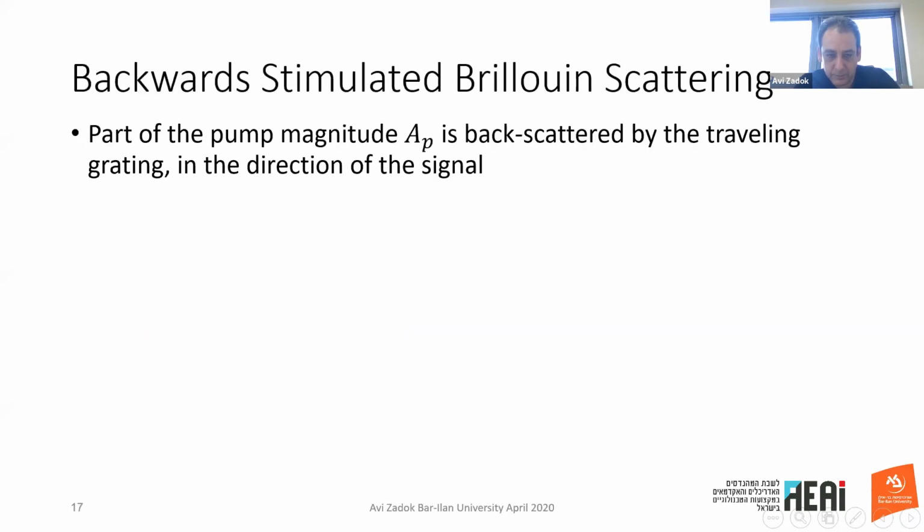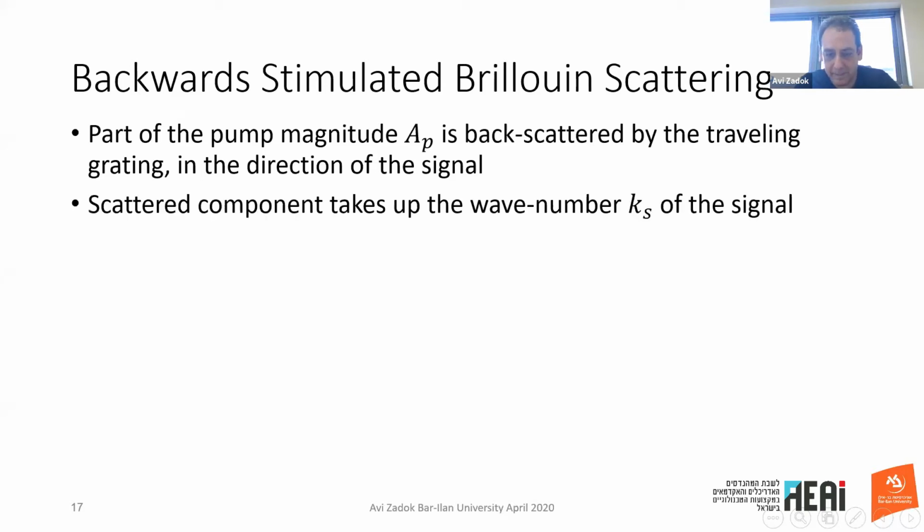So in the case of backwards SBS, part of the pump wave, part of the pump magnitude, is backscattered by the traveling grating. And backscatter means that it is joining in the direction of the signal.